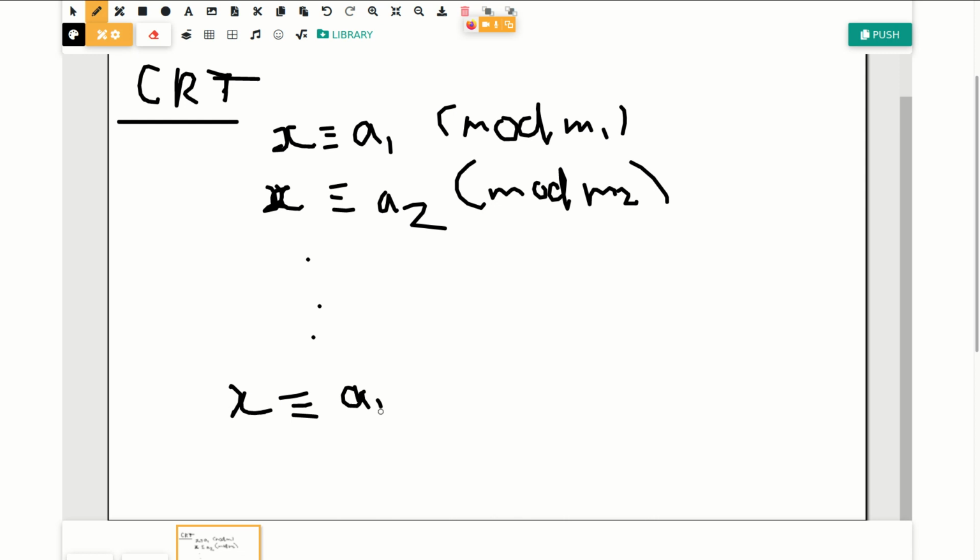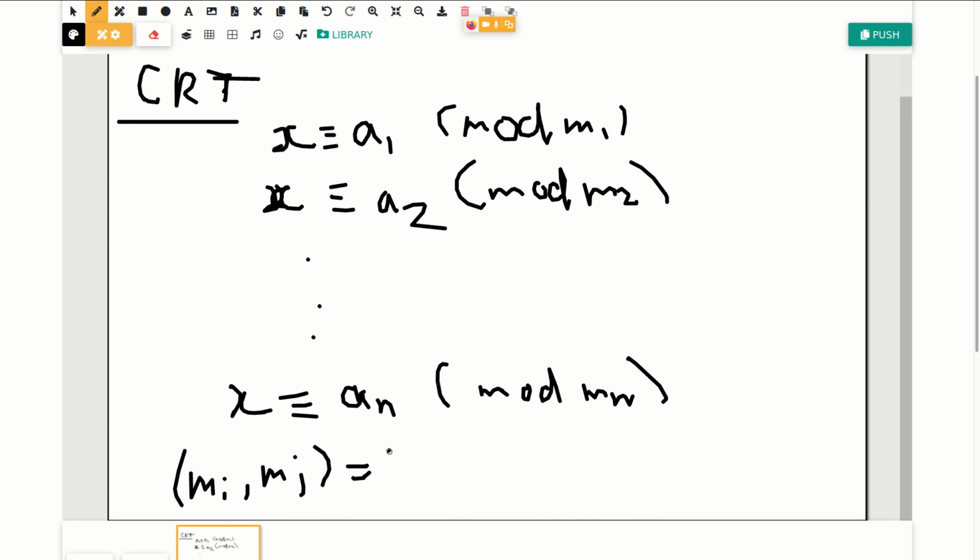So it's x congruent to an under mod mn. Now how these congruences are related is that these mi's are pairwise coprime. So the condition for CRT is that mi comma mj should be pairwise coprime for i not equal to j.